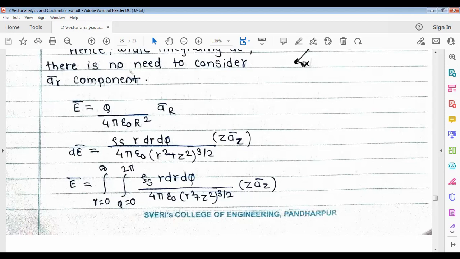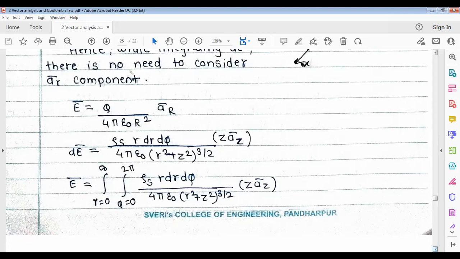Remember, theta varies from 0 to pi and phi varies from 0 to 2 pi. Into rho s r dr d phi divided by 4 pi epsilon 0 r square plus z square raised to 3/2 into z A bar z. Okay, now we have to put the limits here.